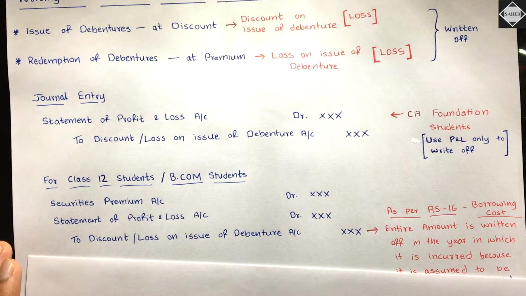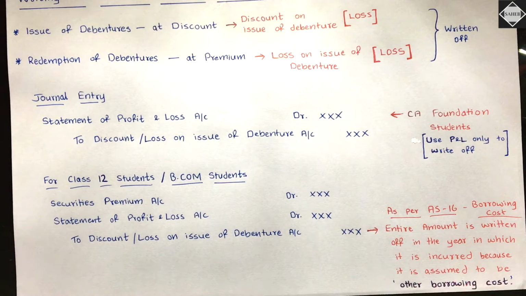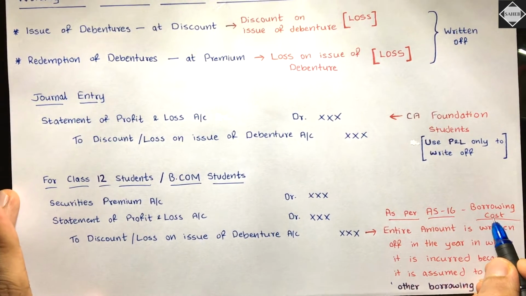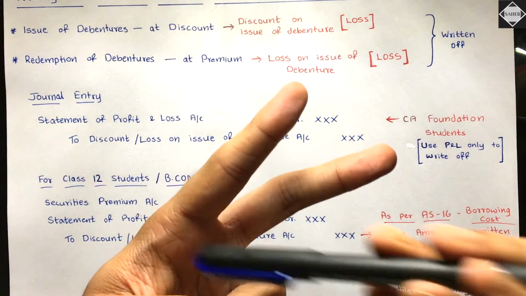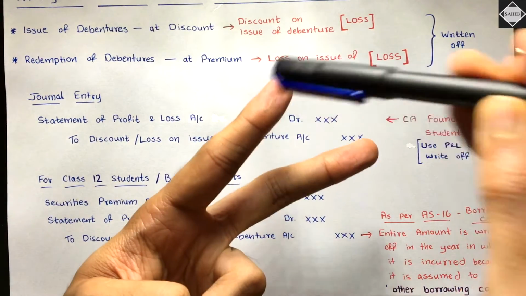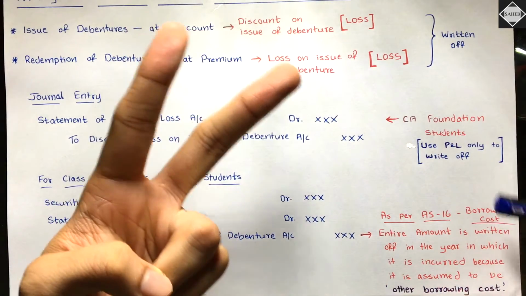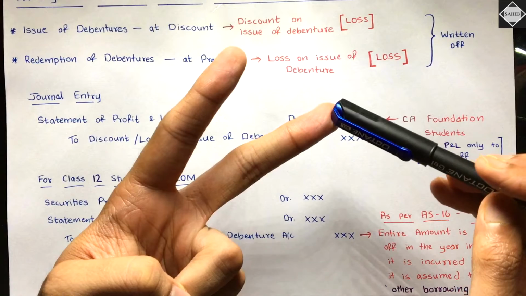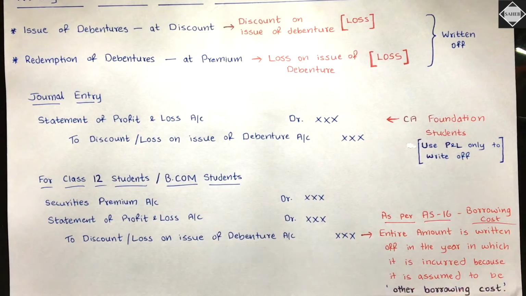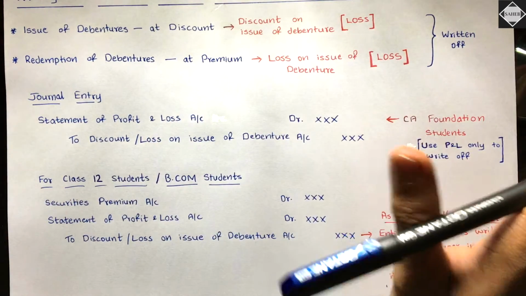The difference is because this thing is governed by AS 16, the borrowing cost standard. In borrowing cost we have two things. We have borrowing cost, which will be capitalized and then amortized, and then we have other borrowing cost, which will be entirely treated as an expense, directly taken entirely to statement of profit and loss. It will not be capitalized.